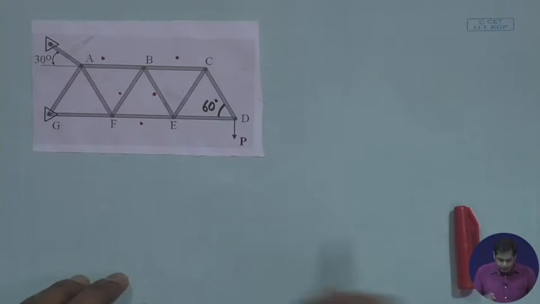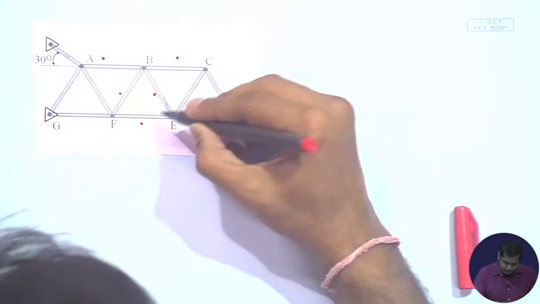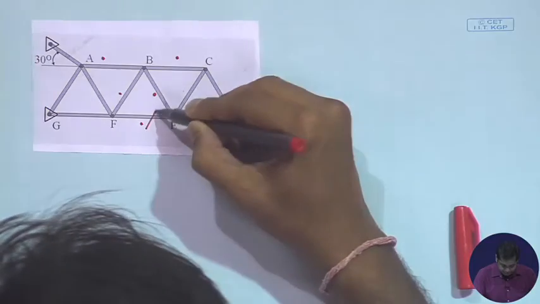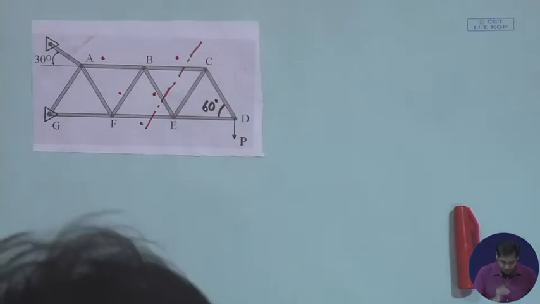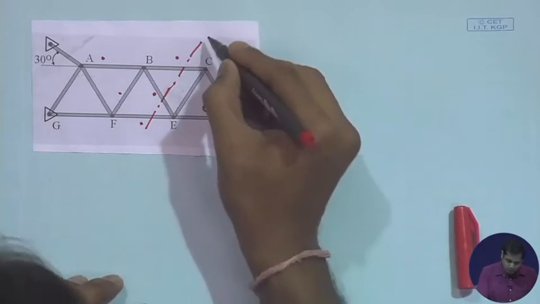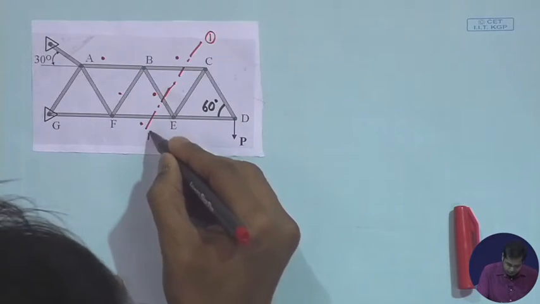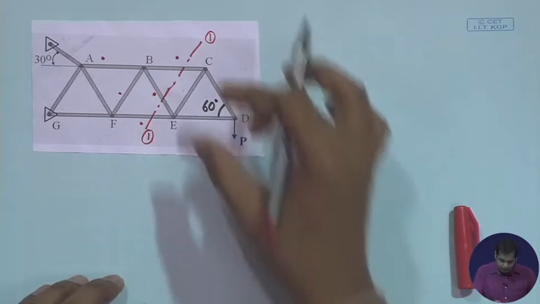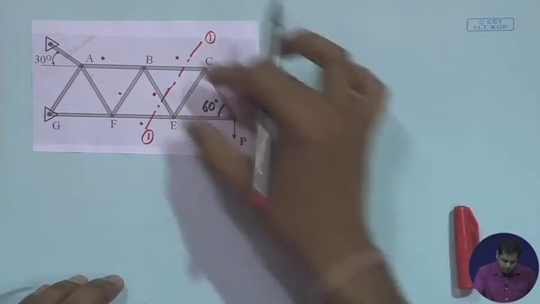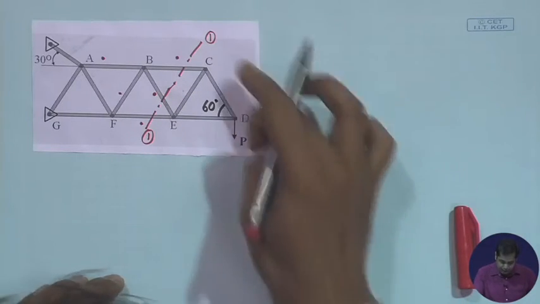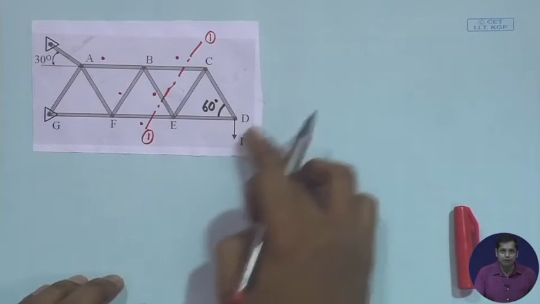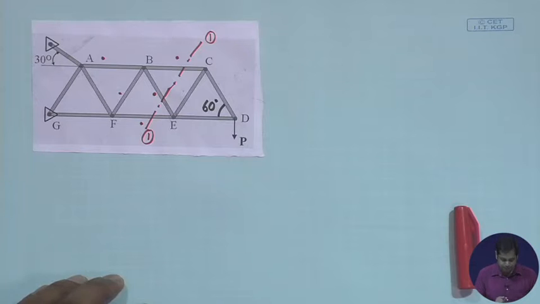Let's first take a section here. Say this section is 1. Now take this part out from the entire structure and draw the free body diagram of this part. What will be the free body diagram of this part?